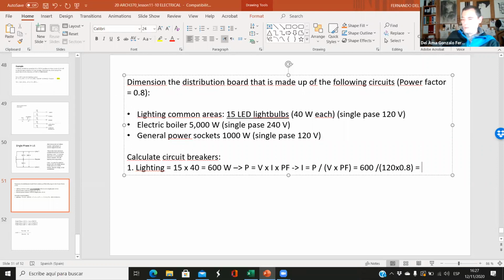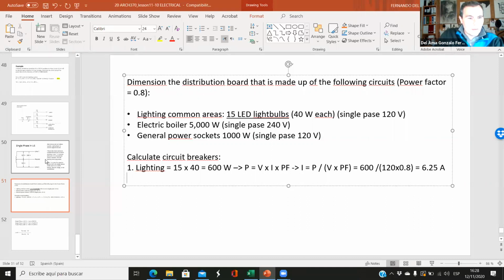So it's 600 divided by 120 divided by 0.8, which is 6.25 amperes.